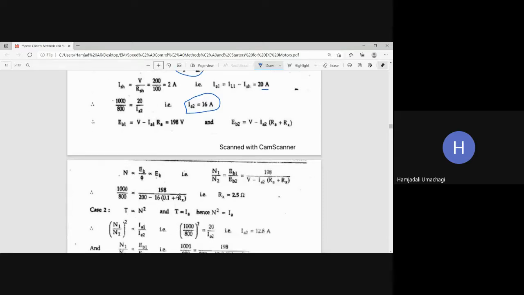So now using this equation, write N1 by N2 is equal to EB1 by EB2. EB1 is 198, EB2 is this value. So initial speed is 1000 by 800, 198 by the rest of the things. And after solving, Rx value is 2.5 ohms. Is it clear, all of you?